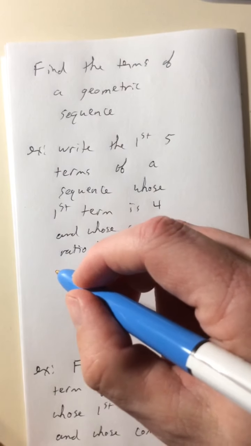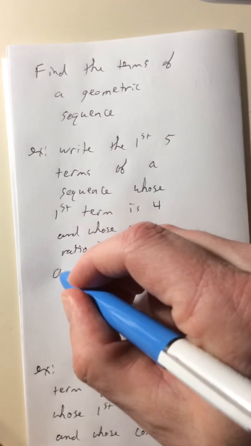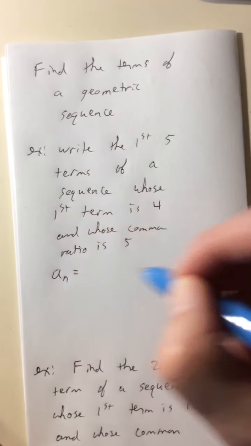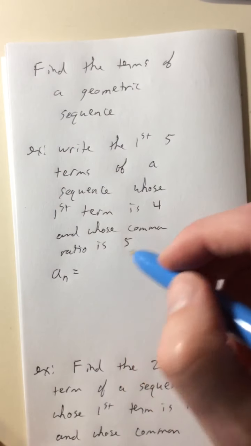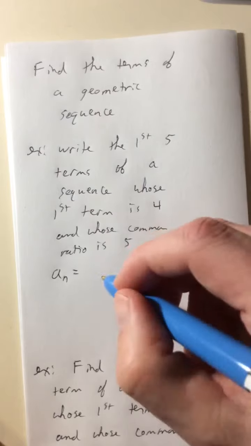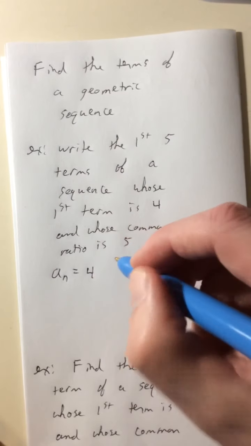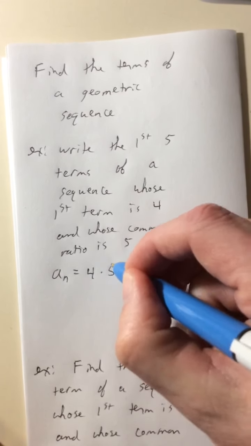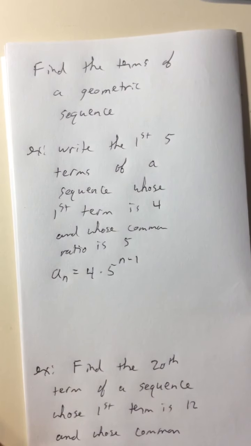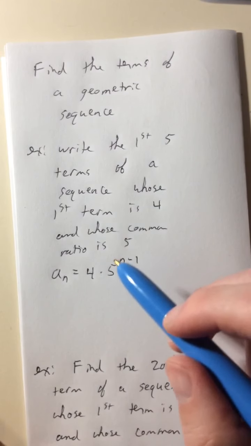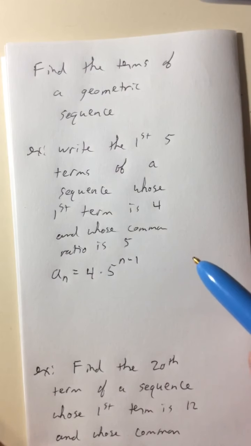We use our formula for the nth term for this particular sequence: a sub n equals 4 times 5 to the n minus 1. You'll see in a moment why we have n minus 1 instead of just n.